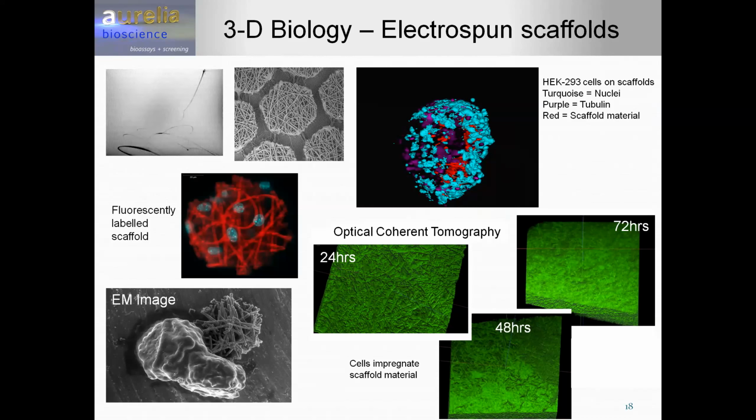Actually, you can see the nuclei there. You can distinguish the cells and the nuclei from the material. And shown in the bottom right-hand side is 24, 48, or 72 hours post dosing with cells in order to demonstrate that they completely colonize the material.